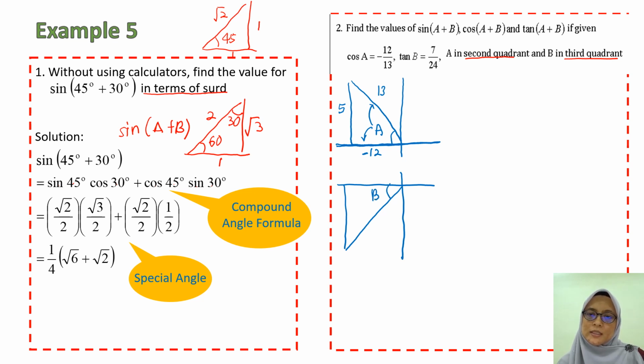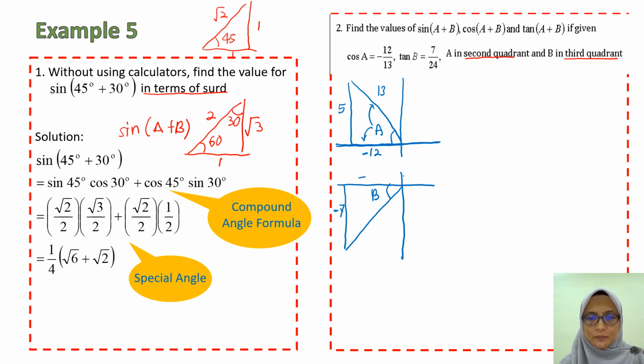Okay, so tangent is 7 over 24. Opposite is 7. Okay, so ini pun sama juga because this is negative y-axis. So ini jadi negative 7. So tangent is opposite over adjacent.